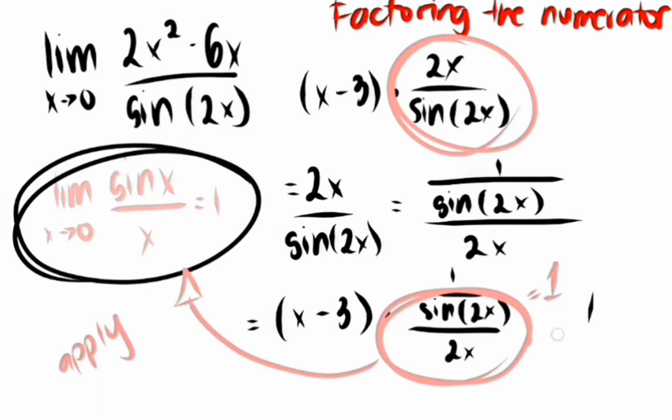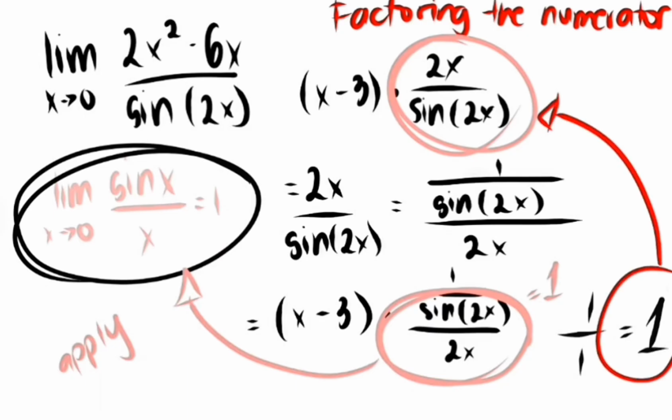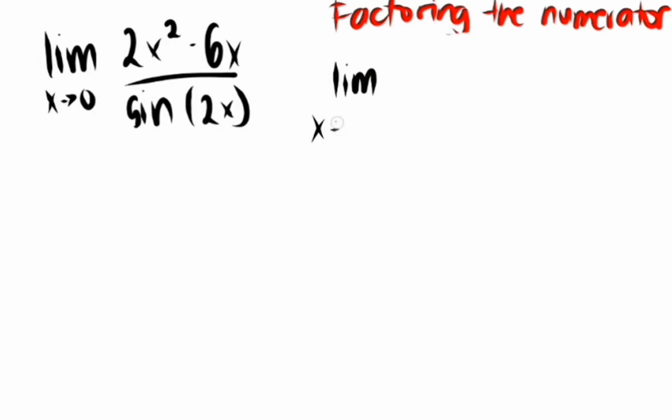So now, it would become 1 over 1. Therefore, the answer is 1. Now, our limit becomes the limit of x minus 3 multiplied by 1 as x approaches 0. For the last step, we can now do the substitution.